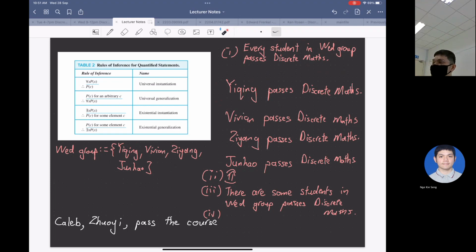I'll say it in English. So he's asking about what the difference is between these two. The first one is you start with a general statement and then you apply it to a specific example. The second is you start with specific examples and then you generalize.